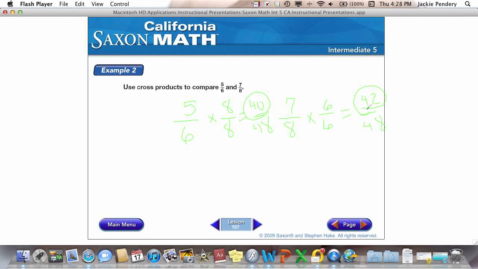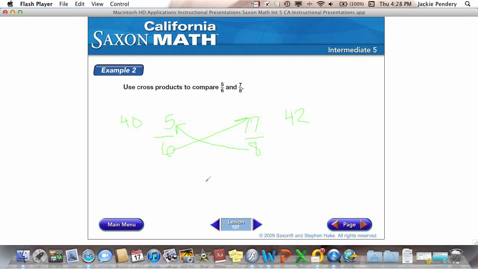So let's look at how this works using cross product multiplication. I'm going to take 5/6 and 7/8, and I'm going to cross multiply, which means I'm going to multiply 6 times 7 and get 42. I'm going to multiply 8 times 5 and get 40.